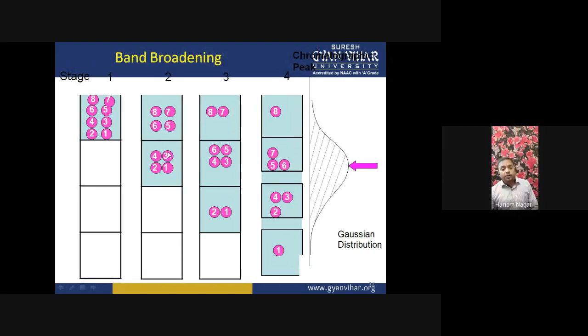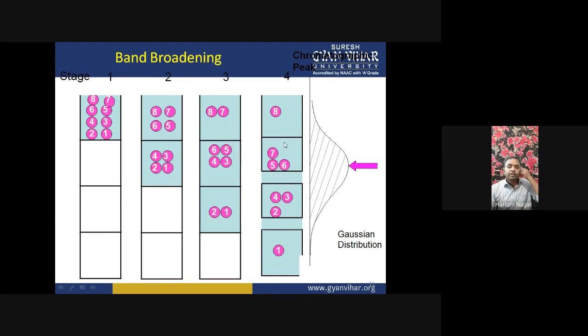Now the band broadening of the peak. For these components, all the segments are filled by these components, so a very big, broadened peak appears, because these components are not eluting at one time or within a specific time.